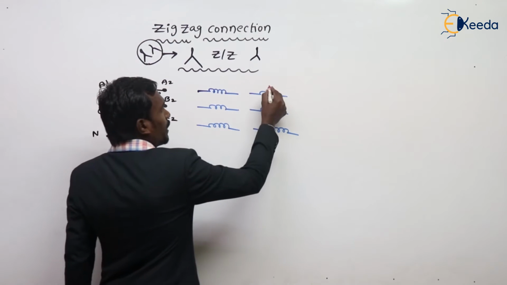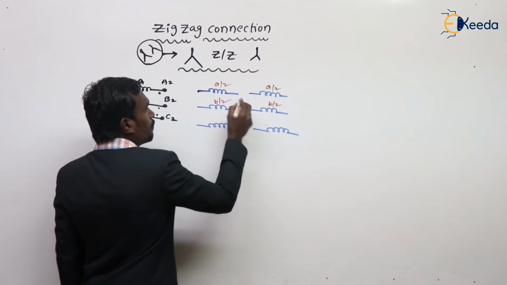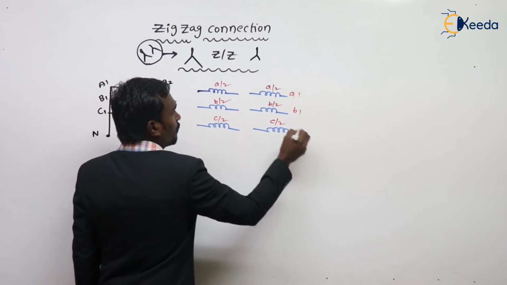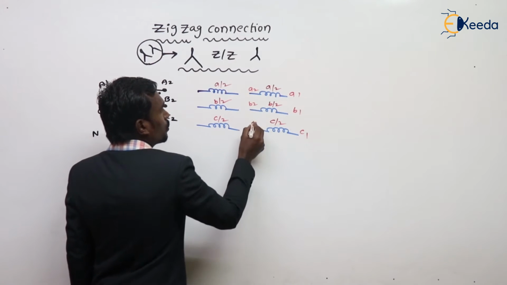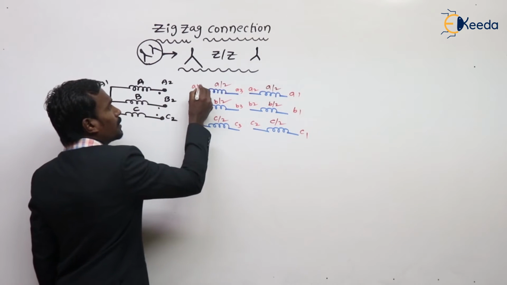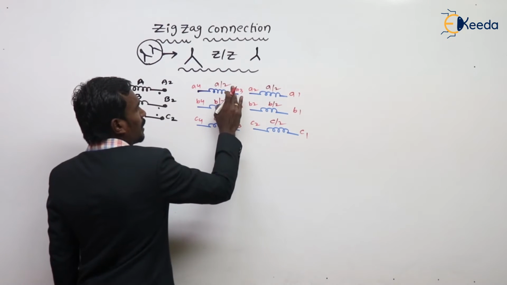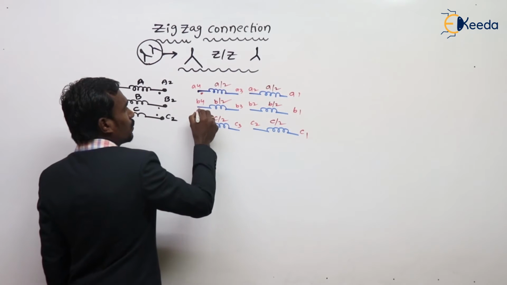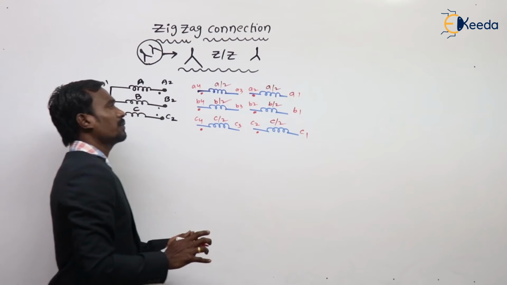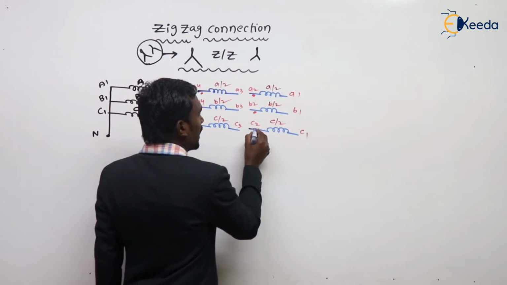Here A by 2, B by 2, C by 2, A1, B1, C1, A2, B2, C2, A3, B3, C3, A4, B4, C4, and the dots are at this condition only. This is simply the connections, windings of zigzag.